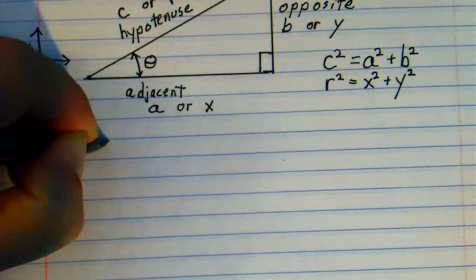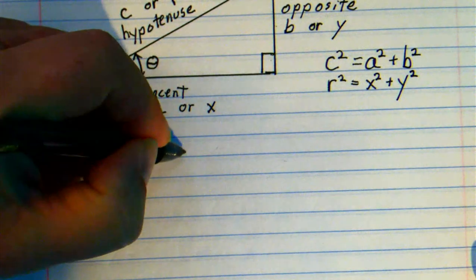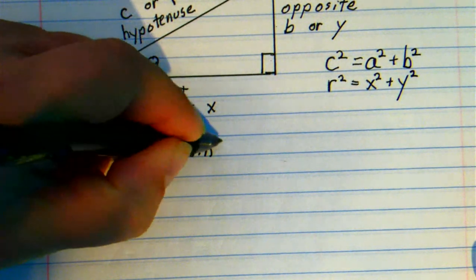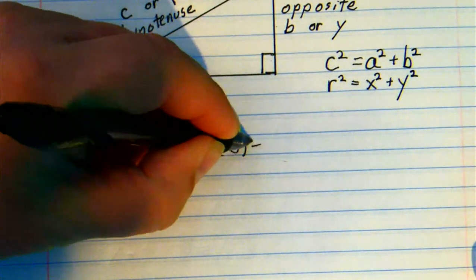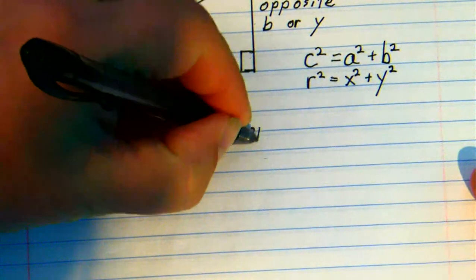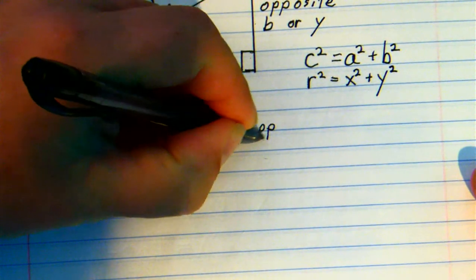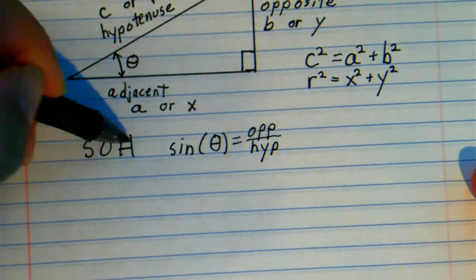So you've got SOH, which means the sine of that reference angle theta is equal to the ratio of the opposite side divided by the hypotenuse, hence the SOH.